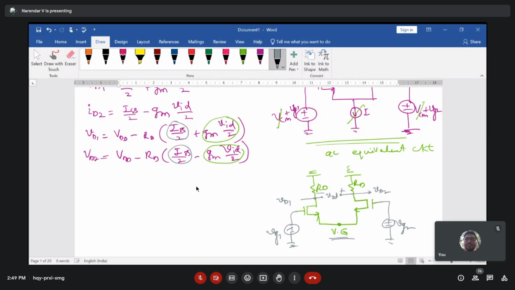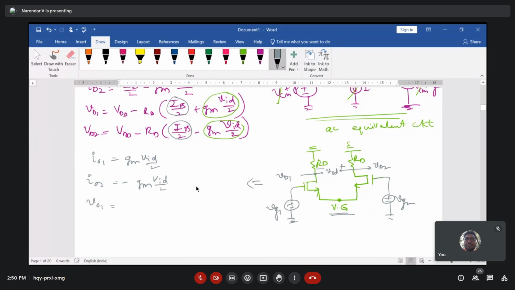And what you can write here for this circuitry is I naught 1 with respect to current, which is GM times VID by 2, I naught 2, which is minus GM times VID by 2, V naught 1, which is GM times VID by 2, that is the current into the resistor called RD. V naught 2, which is GM times VID by 2, and it is negative sign, right, into RD.